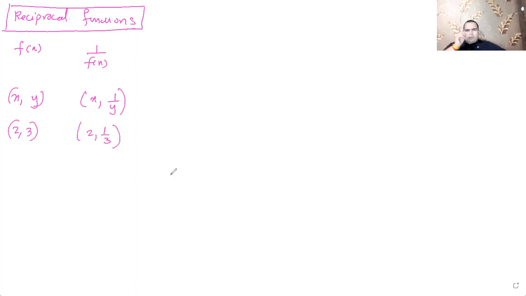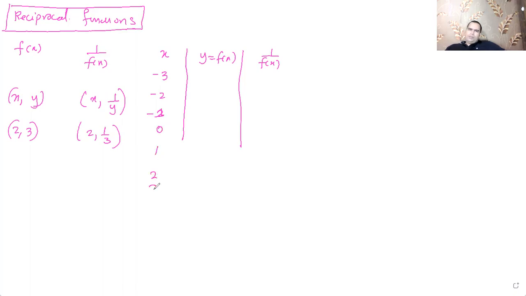Now, one interesting fact that you will notice is that if I create a table for x and y, or f of x, and then create 1 upon f of x, let's say I take x values at -3, -2, -1. These are some hypothetical random values that I'm taking. Let's say 0, 1, 2, and 3.